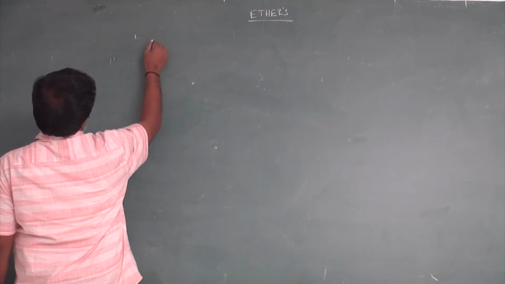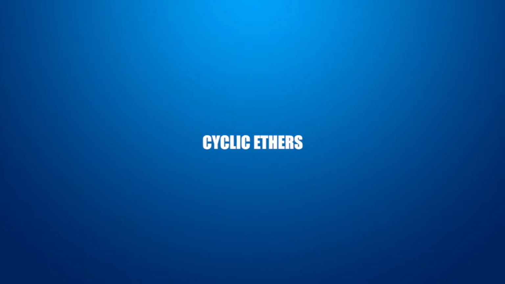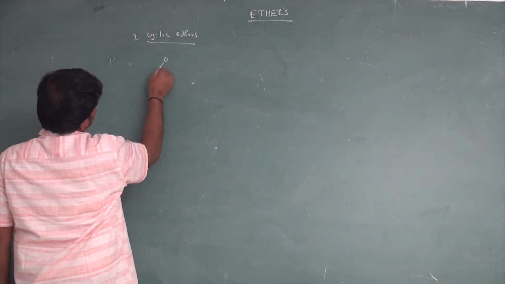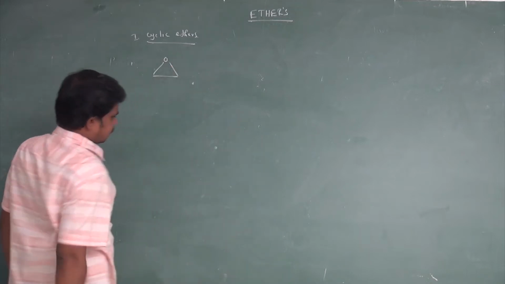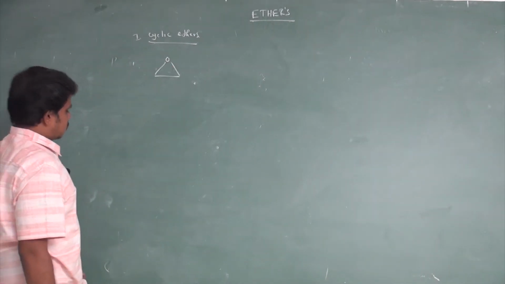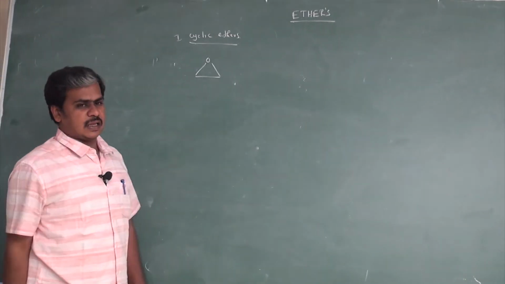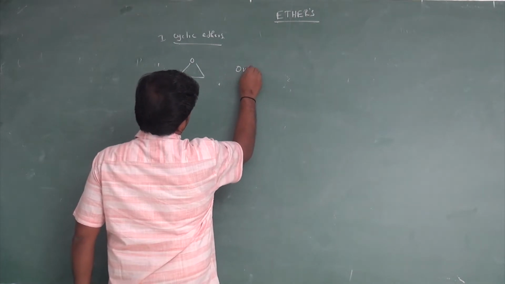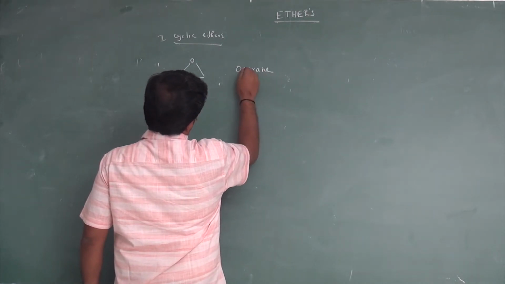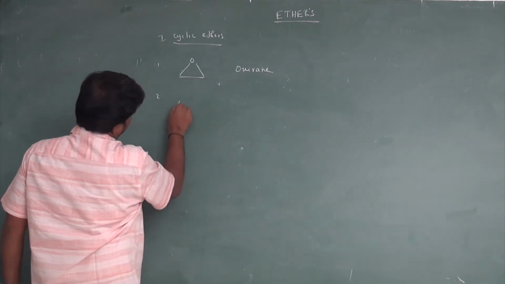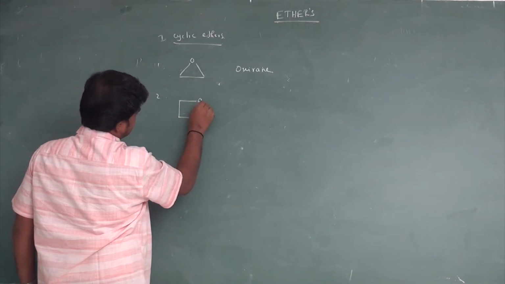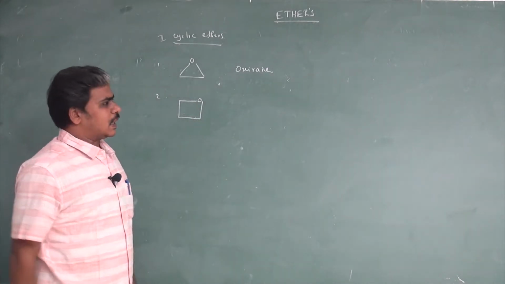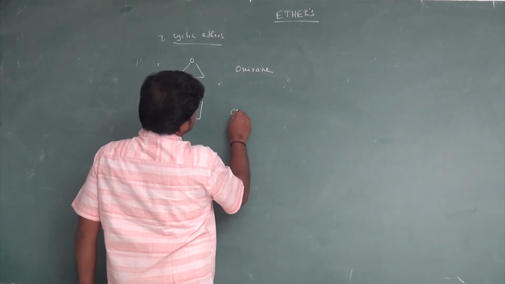Okay. In entrance exams, we are taking some other names. The first one here is cyclic ethers. First, three-membered cyclic ethers. The three-membered cyclic ether is called oxirane. Then, a four-membered cyclic ether is called oxetane.